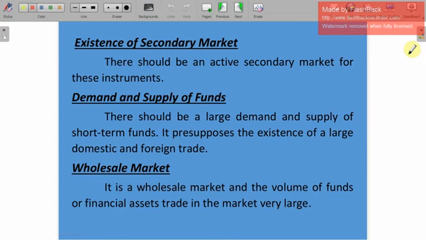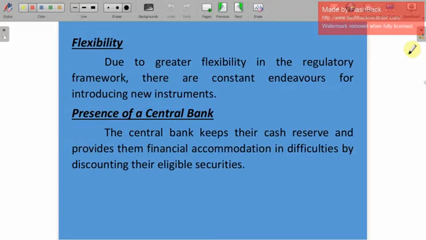It's a very large wholesale market. And flexibility: in the capital market also there is flexibility, we can sell our shares or debentures immediately and convert to cash. Here also there is greater flexibility, and we can introduce new instruments also. That is the great flexibility of the money market.